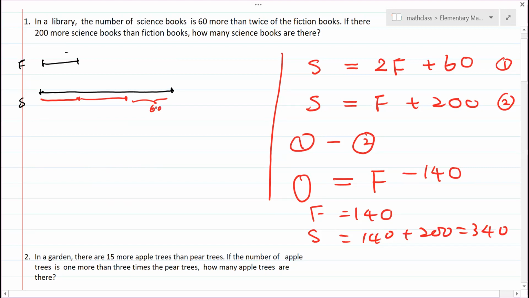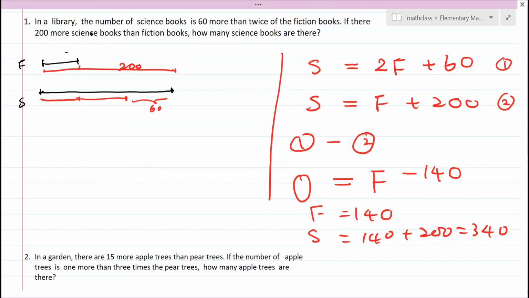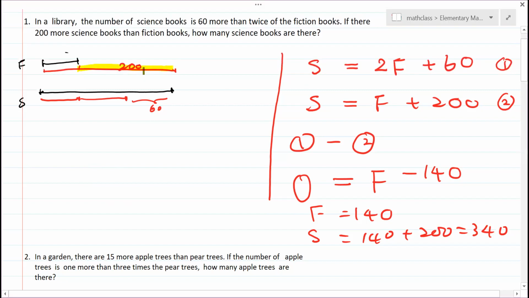The second sentence says that science books are 200 more than fiction books. So if you draw the science books from here to here, 200 more than the fiction books, that will be 200. Then compare both sides. Let's compare these two groups.